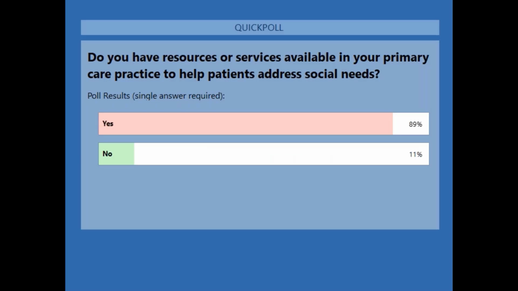Thank you, Angelica. So it looks like 89% of you said that you do have resources and services available, and 11% said that you do not. So for those that said that you do not, of course, as everyone has mentioned previously, we just want to encourage you to reach out to your CTO to get with your coaches.